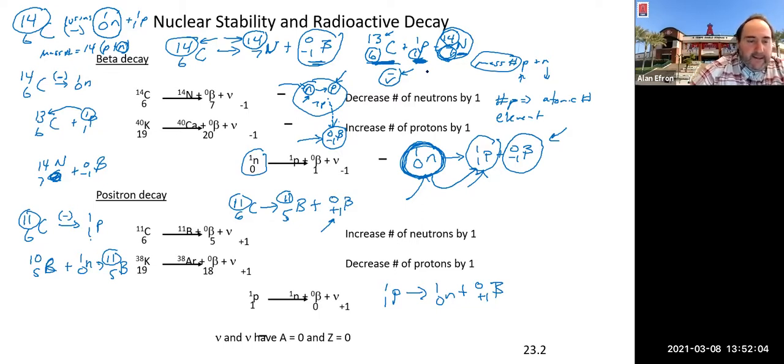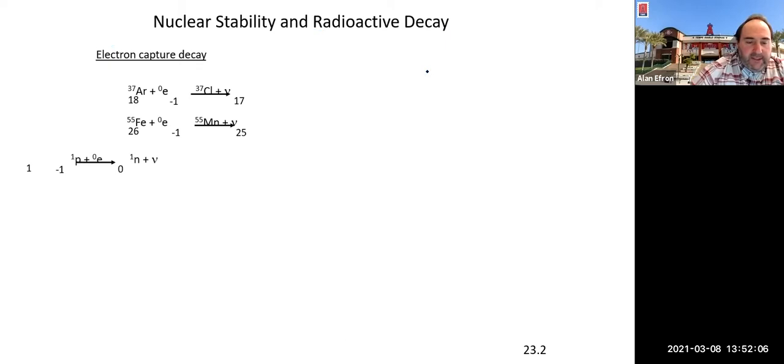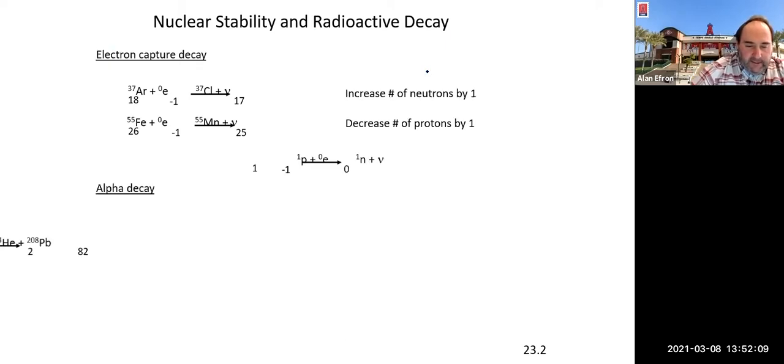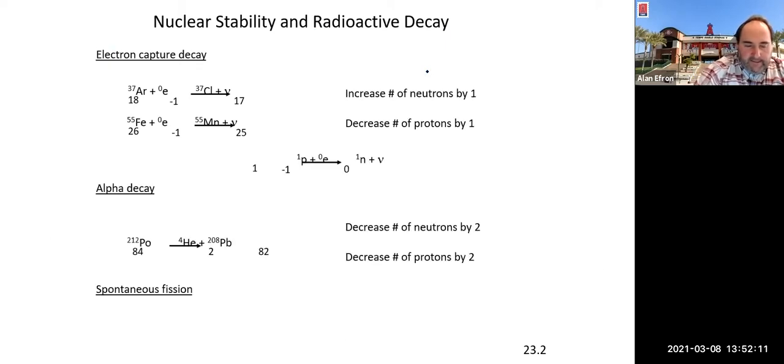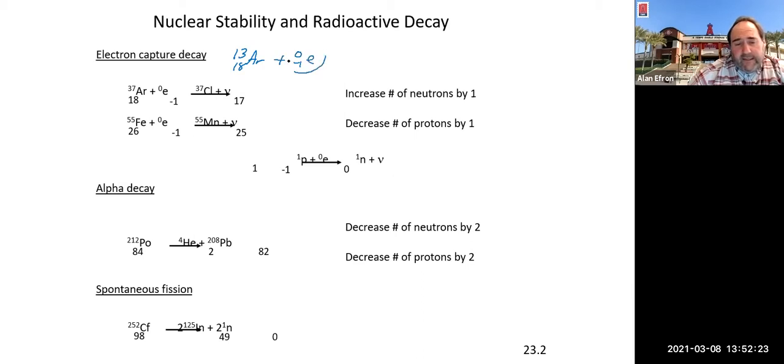All right. Some of our other reactions, and again, we'll just look at a couple of these here. I'll rewrite them so we can see them clearly. If we look at our argon here, and this is an electron capture. So we see the electron on the reactant side, and again, it forms 37 and 17 here.